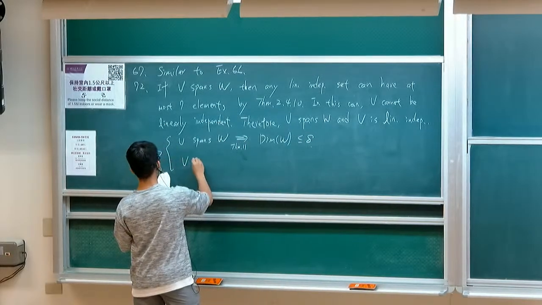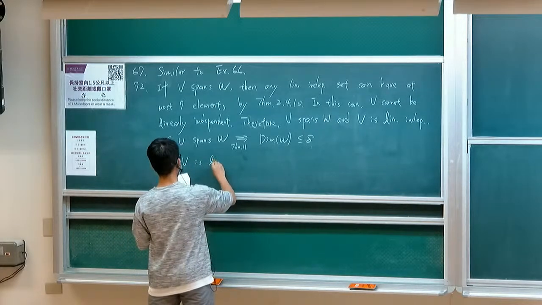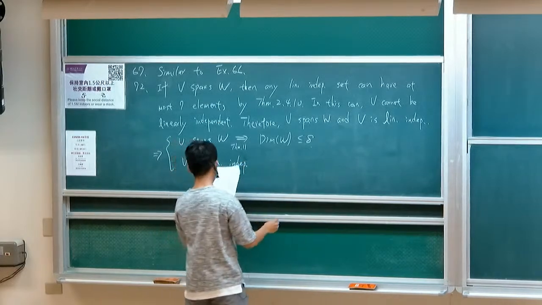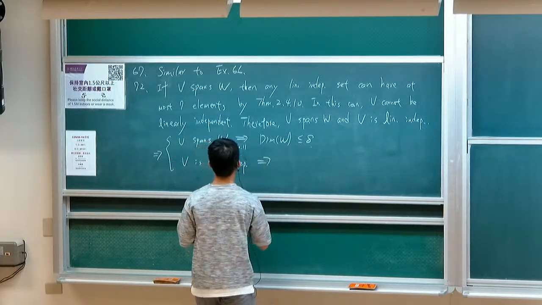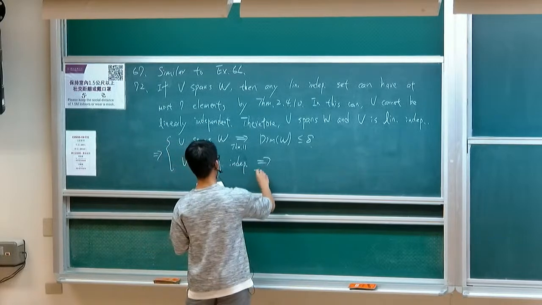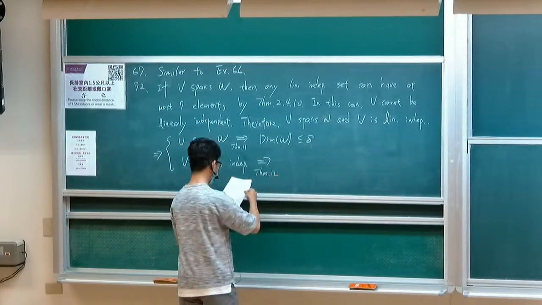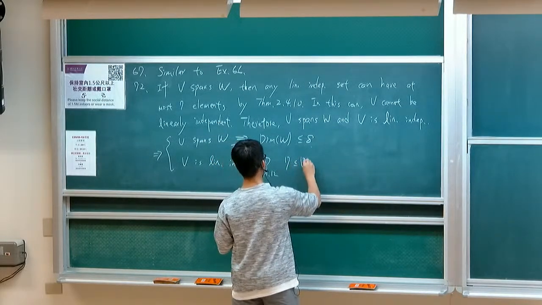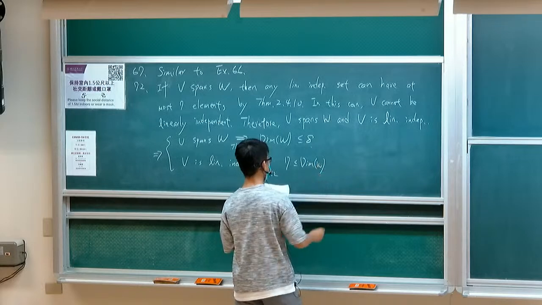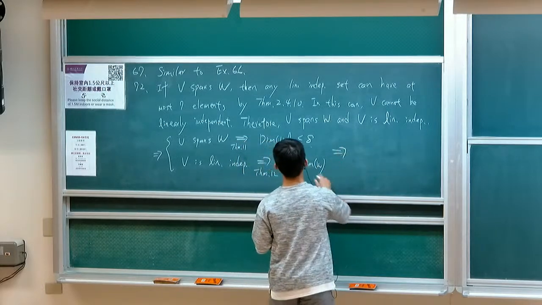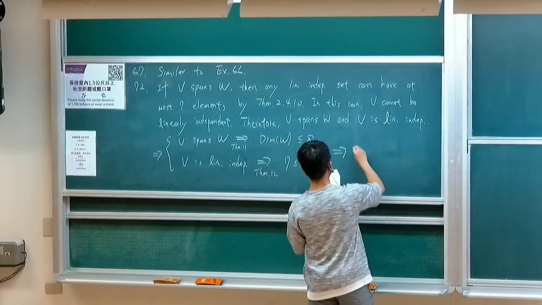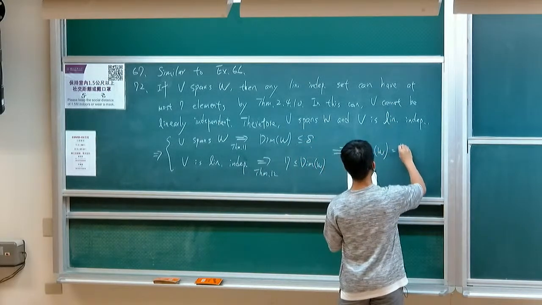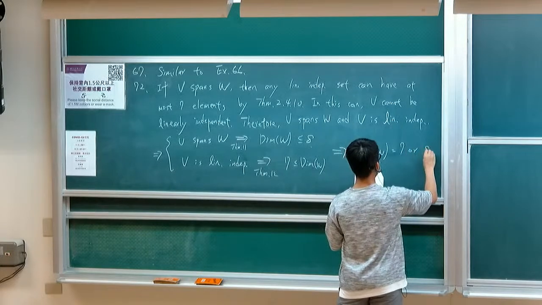And since U is linearly independent, by Theorem 5.2.12, seven is less than or equal to the dimension of W. Now we combine these two, so the dimension of W is equal to 7 or 8.